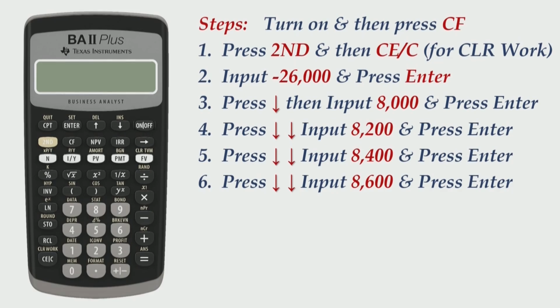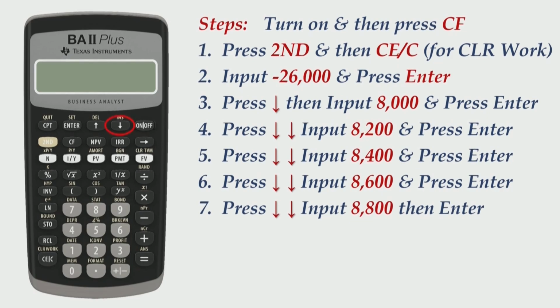By now we have input of 4 years cash flows, 1 more year left. So once again you press the downward arrow key 2 times, input 8,800 and then press enter.